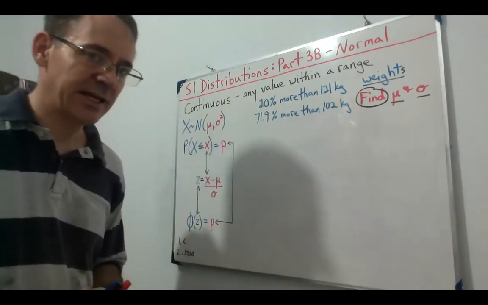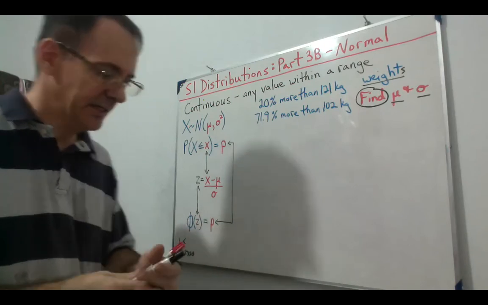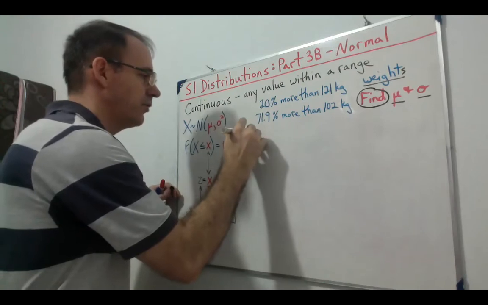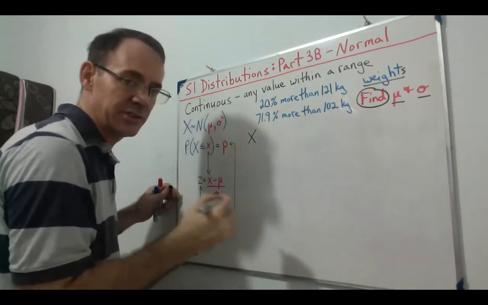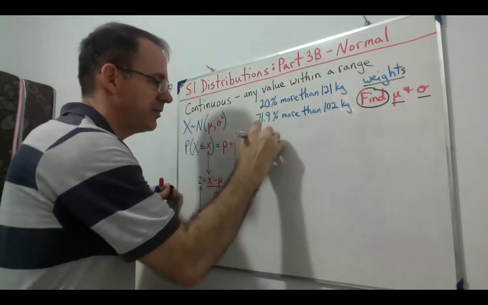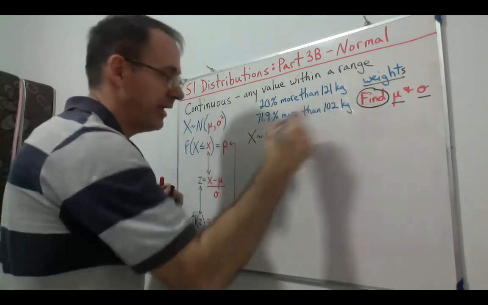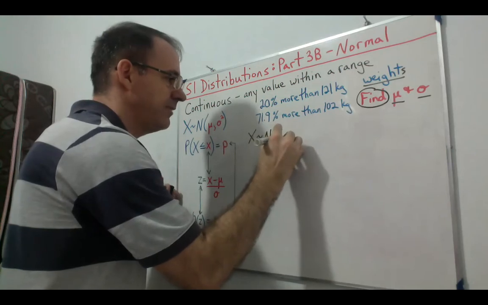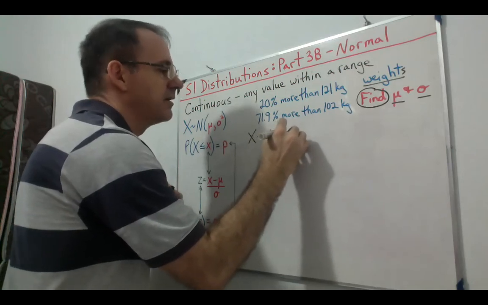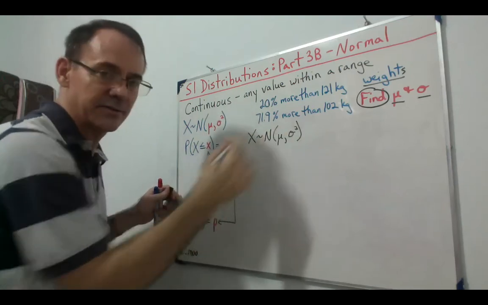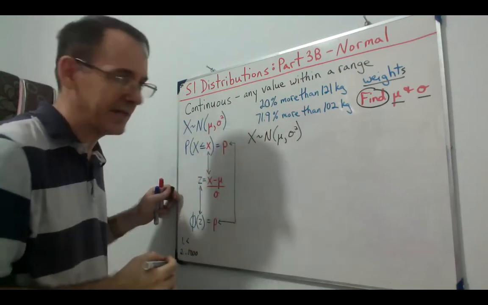So first, let's write our notation. Our random variable, which is weight, is distributed normally, but we don't know the parameters because we have to find them. So we're just going to leave it as mean and variance, which is the square of standard deviation.